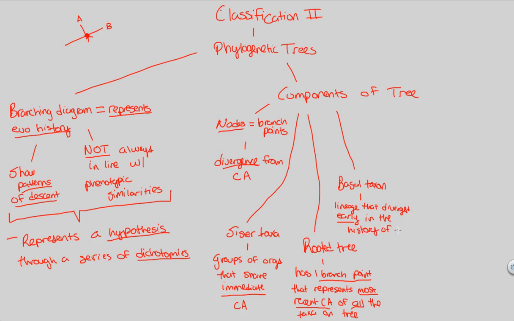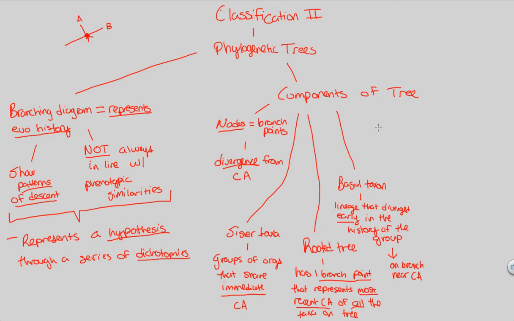The history of the group, meaning all the organisms represented on the phylogenetic tree. This basal taxon will typically be on a branch near the common ancestor. And this will be much clearer once you look at the figure that I'll refer to at the end of this video. So that's our basal taxon.